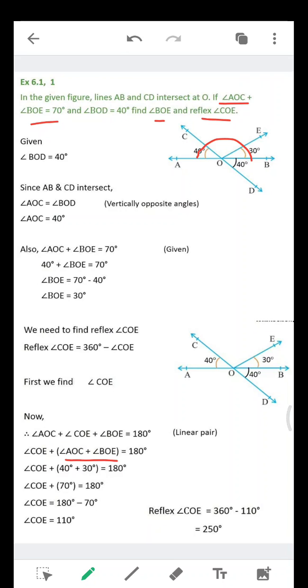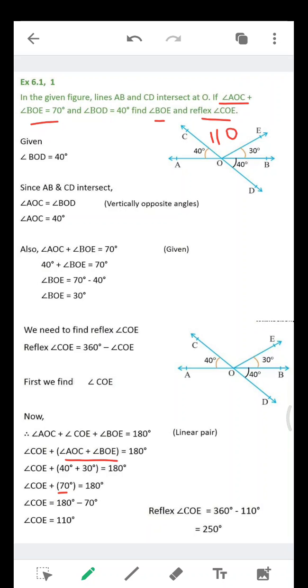We already know that AOC plus BOE is 70 degrees. So I'll club AOC and BOE, that gives 70. COE is unknown. So COE will be equal to 180 minus 70, and we get 110. So angle COE is 110. How much is this angle? This is 110.